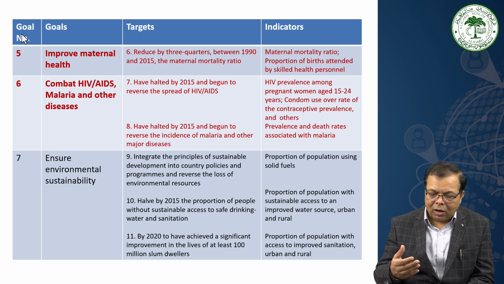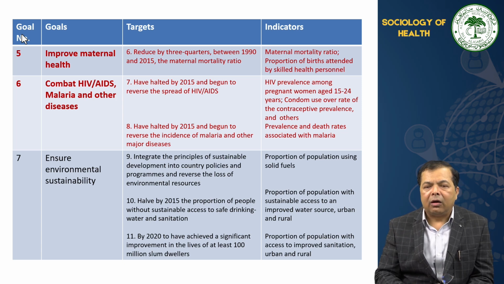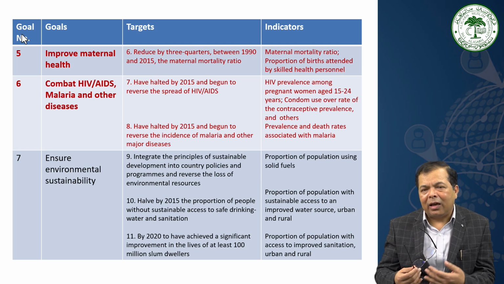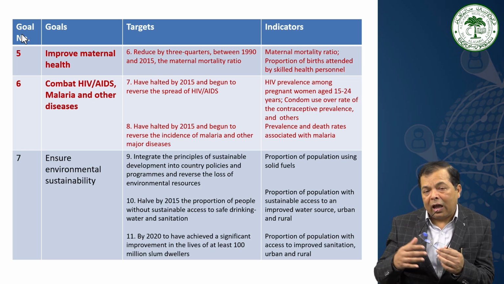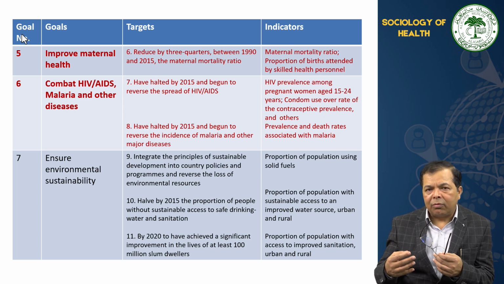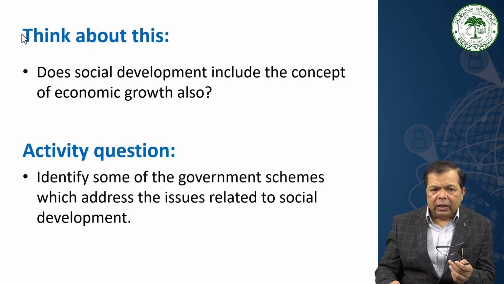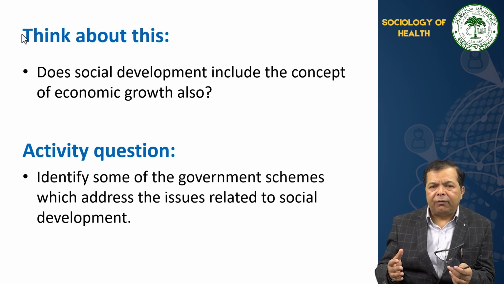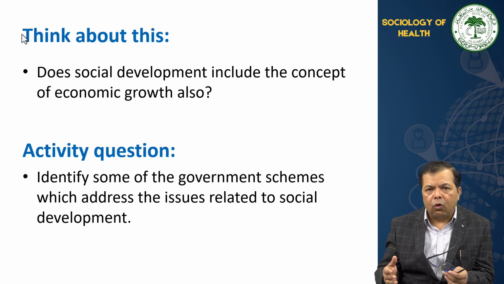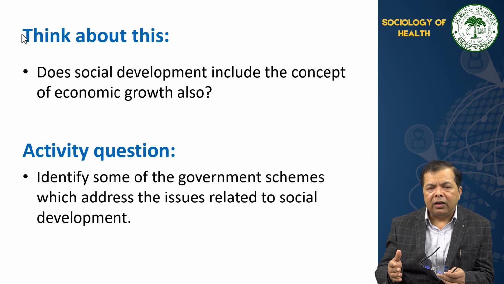So these are such specific indicators which can be expressed quantitatively, so that there can be a comparison not only among the countries but within a country between specific periods of time. So these were the specific health related goals of the Millennium Development Goals and the specific targets and indicators.